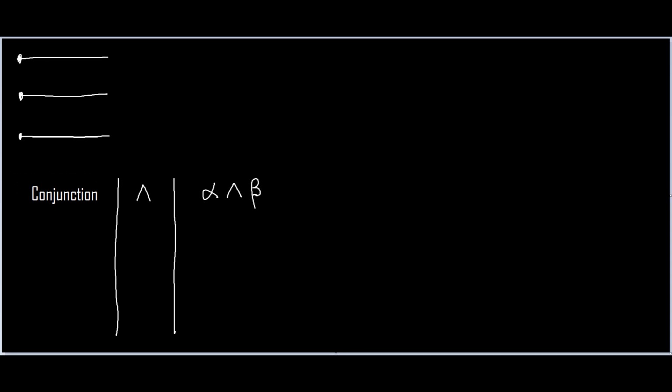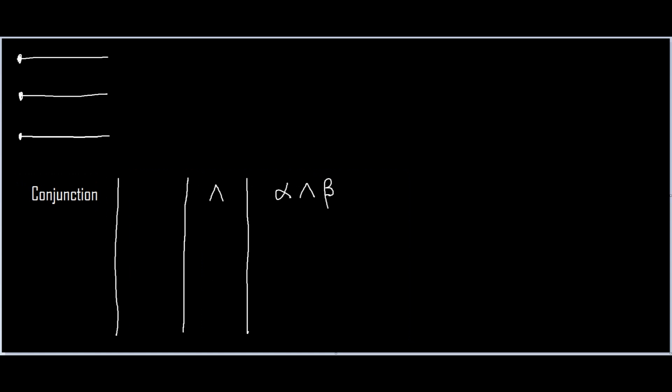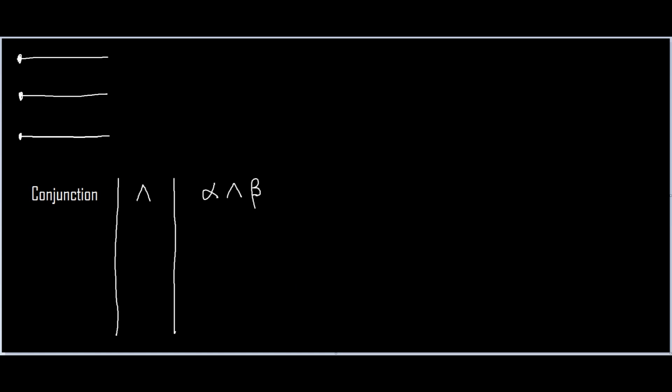And perhaps I should also display how one reads the entire thing once the symbol has been used. So this would read alpha and beta.